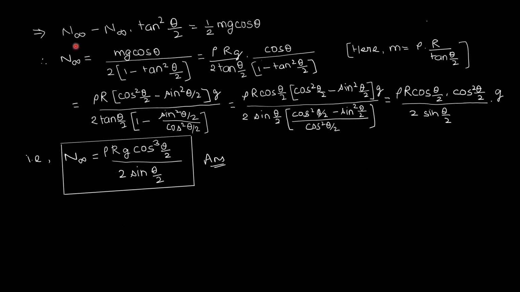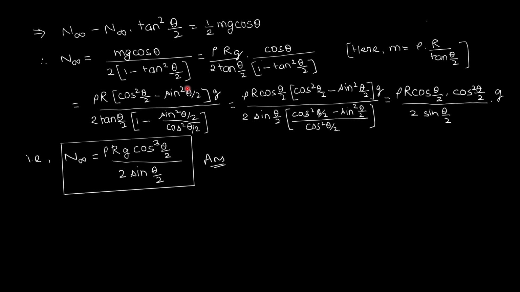So N infinity minus N infinity into tan square theta by 2 is equal to half into mg cos theta. That is, N infinity is equal to mg cos theta divided by 2 into 1 minus tan square theta by 2.